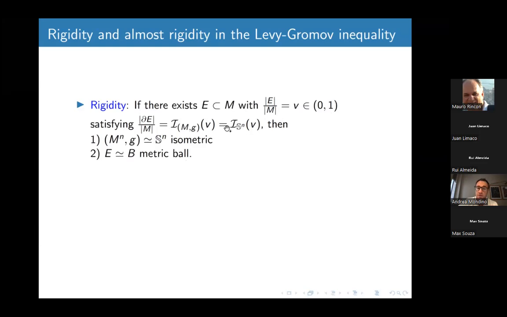But if we achieve the equality, then we have the so-called rigidity. So then the space is very special and the subset is very special. The manifold is isometric to a round sphere, and the subset E is isometric to a metric ball. This is a very beautiful rigidity statement.